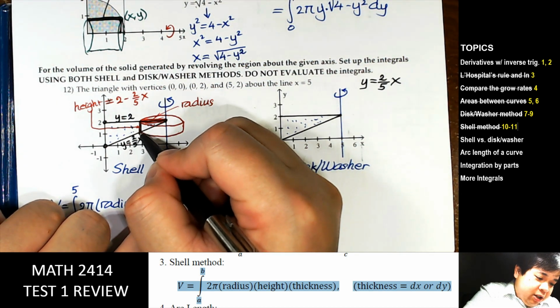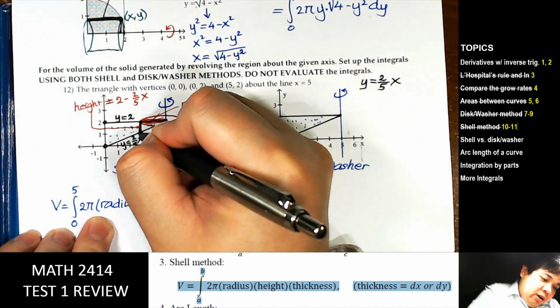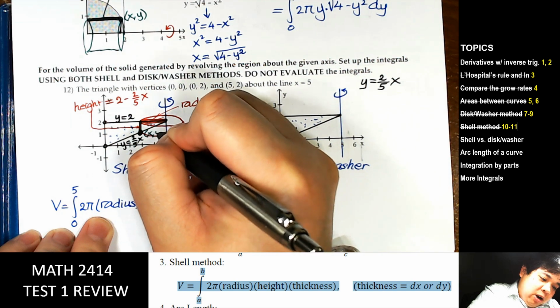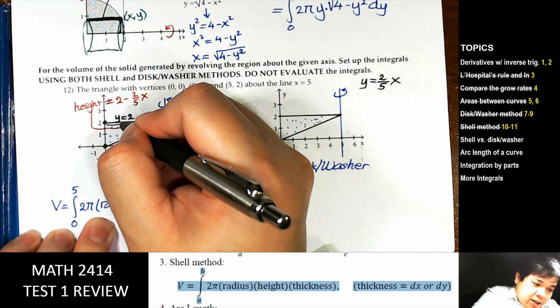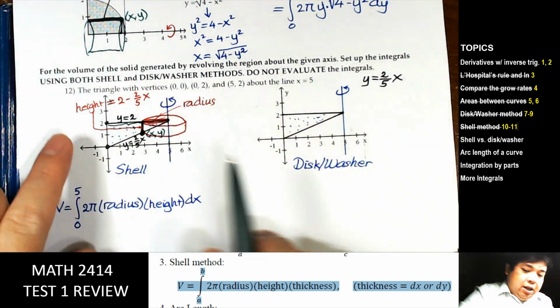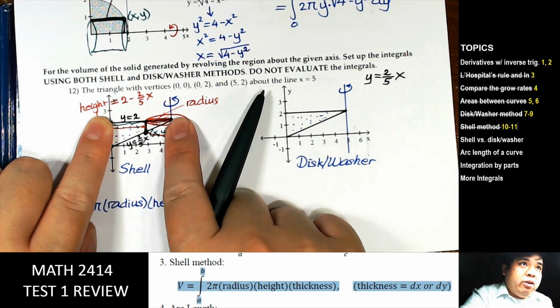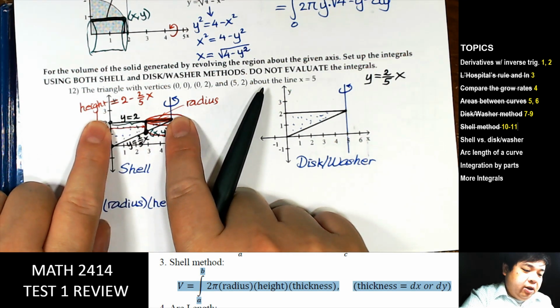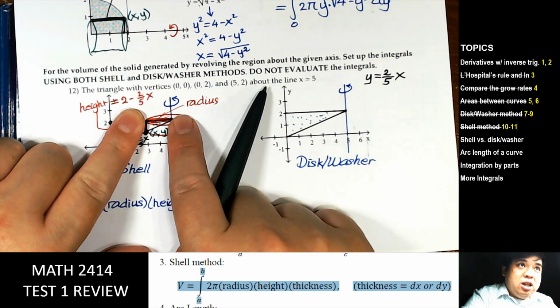The radius. If we have this point on the graph, it will be just x and y. So this is going to be x. The whole thing is 5. So the radius is going to be 5 minus x, this part.